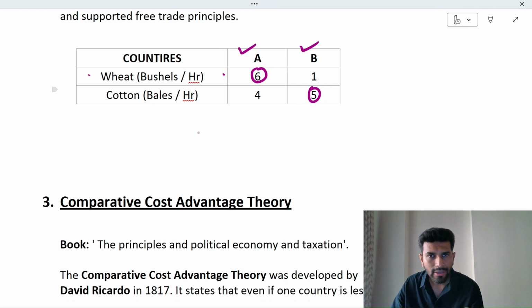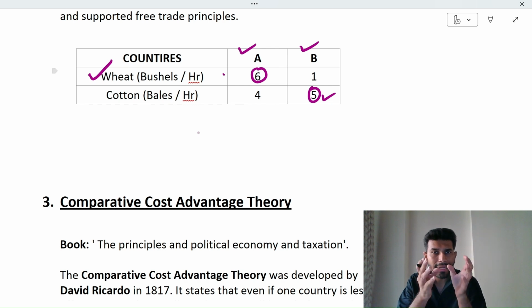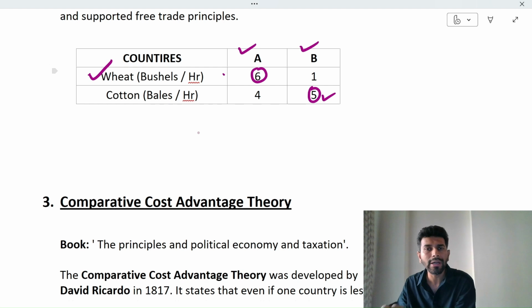So country A should produce wheat and country B should produce cotton. To conclude, country A should produce and export wheat to country B, and country B should produce cotton and export it to country A.